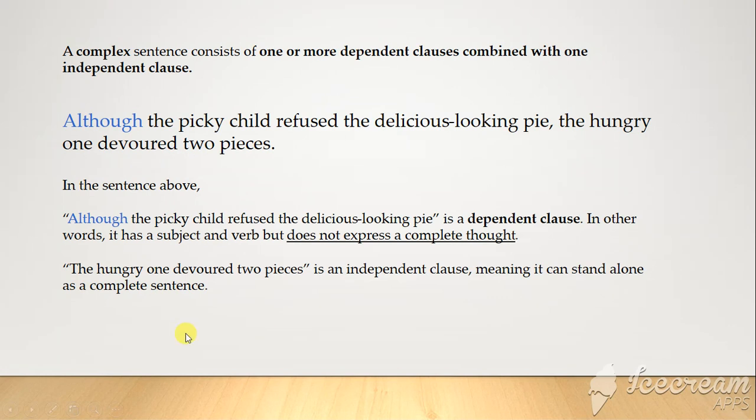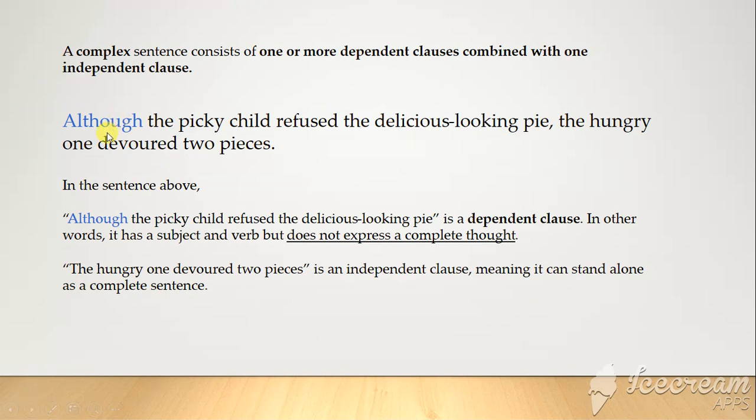Let's look at the dependent clause that begins this sentence. Although the picky child refused the delicious-looking pie. So you can just hear that sentence isn't finished yet. You're expecting something more. Although, if you take off although, it's a complete sentence. Just pretend although isn't there, and we have the picky child refused the delicious-looking pie.